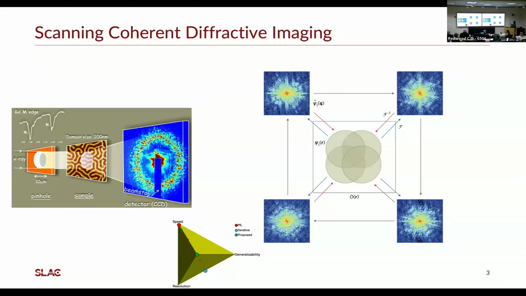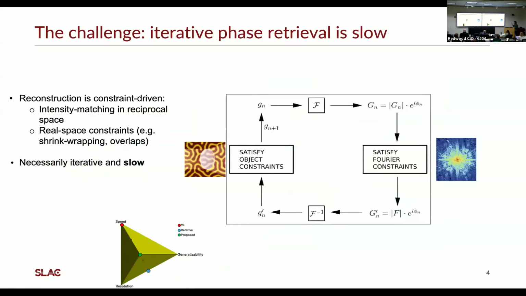redundancy in these real space overlaps between different measurements. And the way you do this typically is using something you can call a conventional iterative reconstruction algorithm. Basically these do alternating forward and back projections between real and reciprocal space, real and diffraction space.